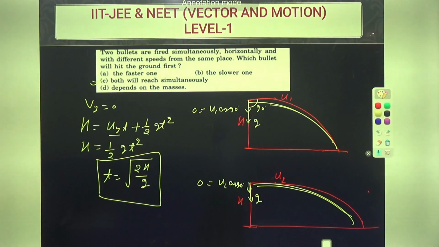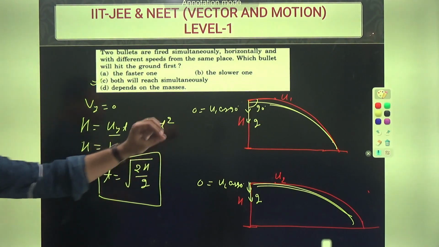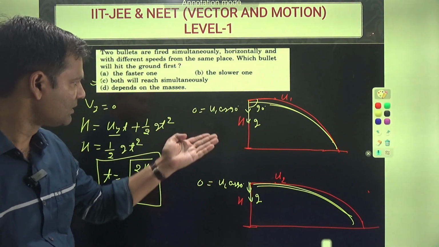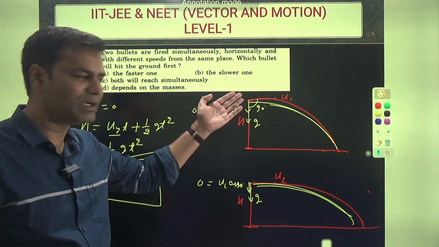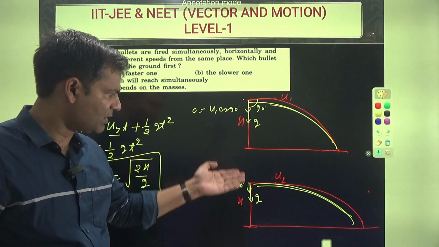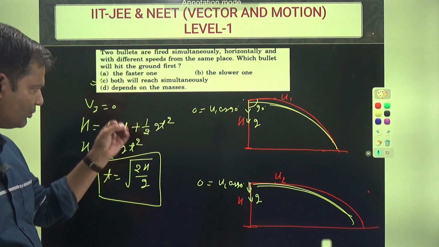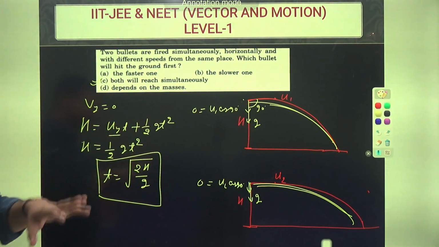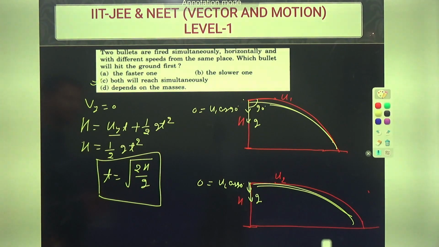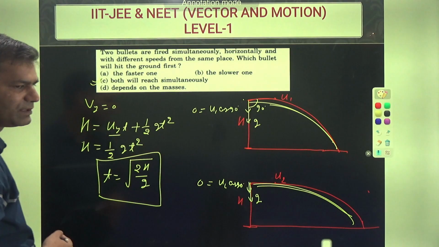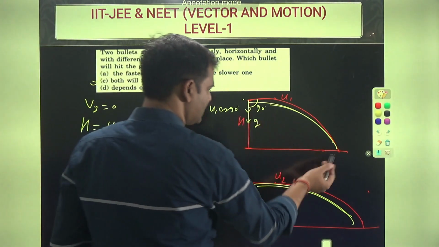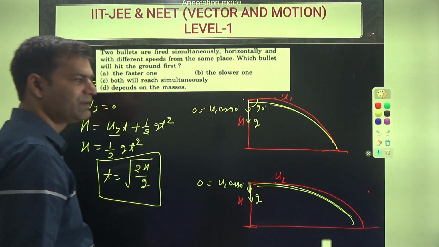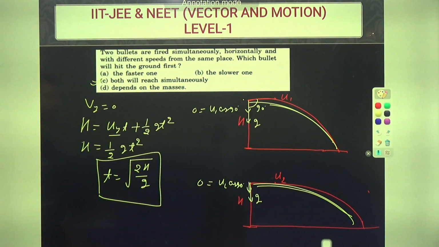Why? Because the time depends upon the initial velocity in the y direction, and in both cases it is 0. So both hit simultaneously. It means they take the same time. If this one hits in 5 seconds, that one also hits after 5 seconds. Clear or not?